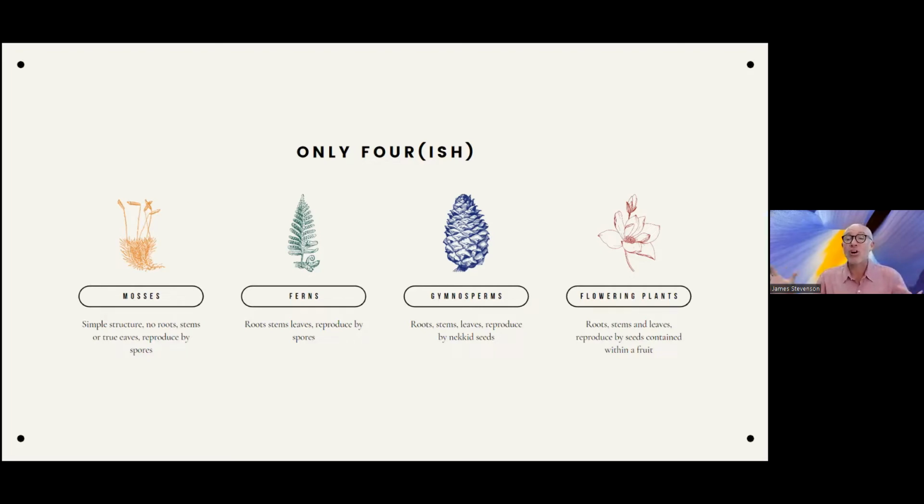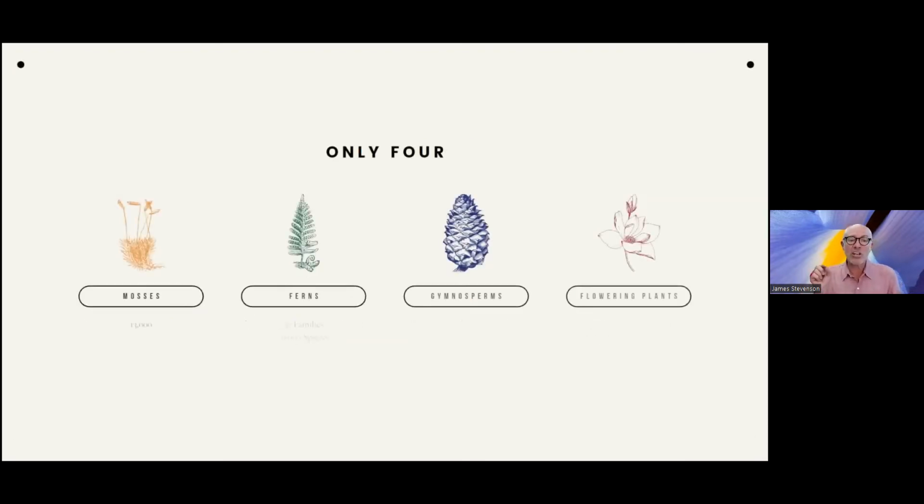So the flowering plants are the largest group of plants on Earth. We'll take a look at a few of the numbers. There's probably 13,000 modern moss species.